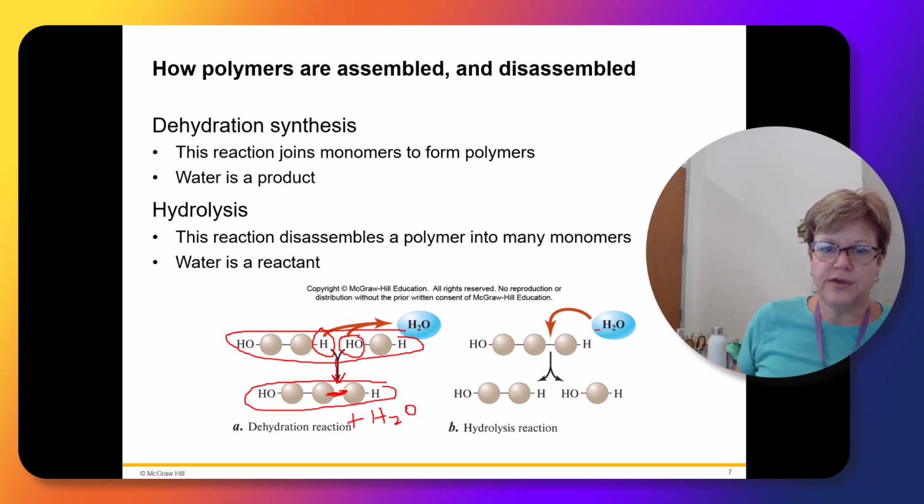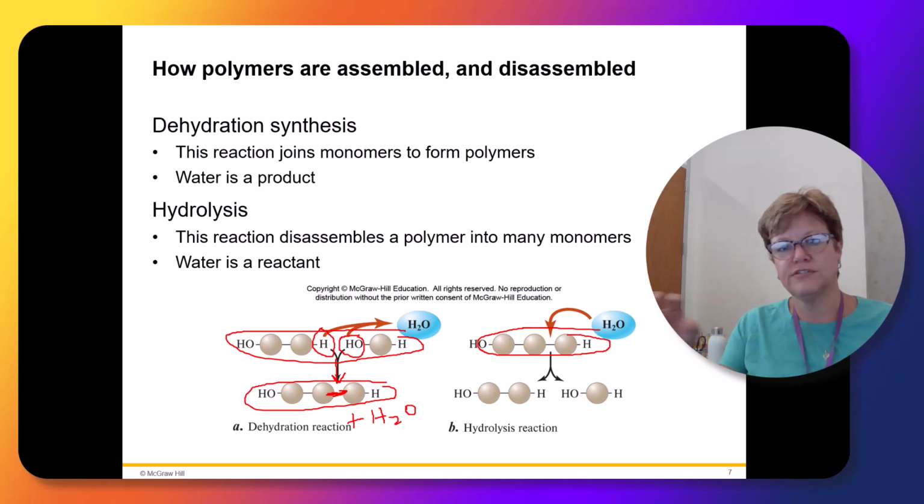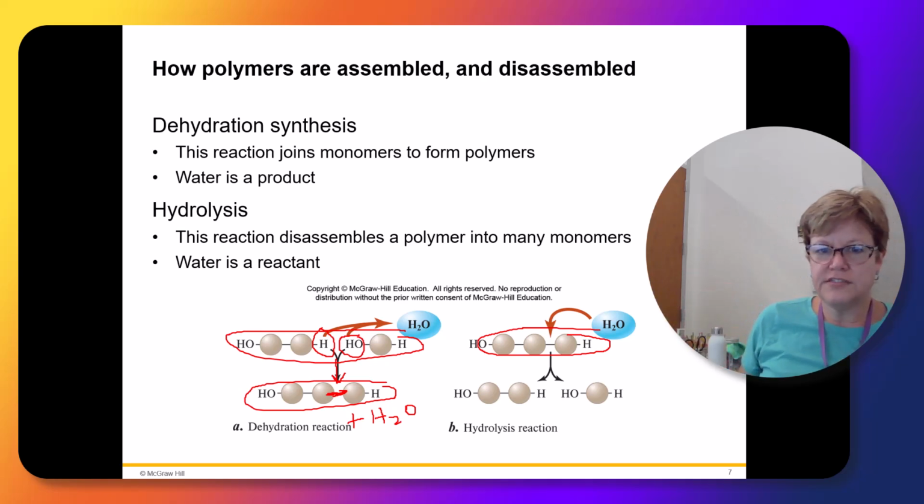Similarly, over here in this hydrolysis diagram, you have a polymer, three monomers that have already been joined together to make a polymer, and water is on the reactant side, and then you have an arrow, and then you have two pieces. You've broken off one of those monomer units in the process of the hydrolysis reaction.